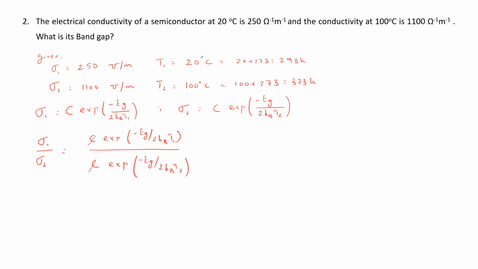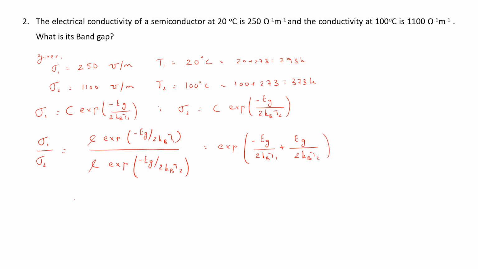So C and C get cancelled. Both are exponential, so the power in the numerator becomes reversed: exponential minus Eg divided by 2 kB T1, minus, this is already a minus, so it will become plus Eg divided by 2 kB T2.